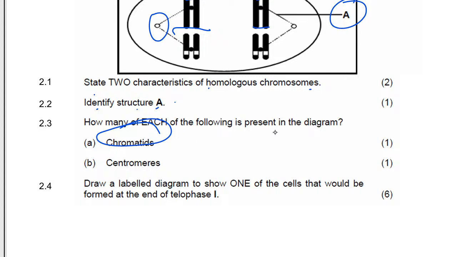Remember, the chromosome is formed by 2 chromatids. So how many chromatids are shown? You have 1 chromatid, 2, 3, 4, 5, 6, 7, 8.